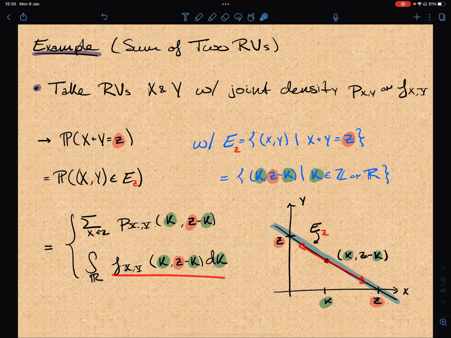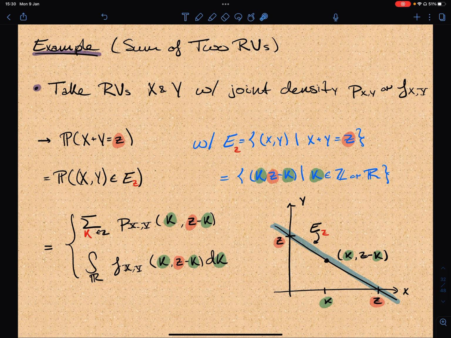And in here, this should actually be a k. And in here, we have the same summation in the discrete case, and we have parameterized this line using a number k, and it's just a sum over this region. And this is going to be our probability formula, or this is going to determine the probability of the sum of two random variables, this formula right here.